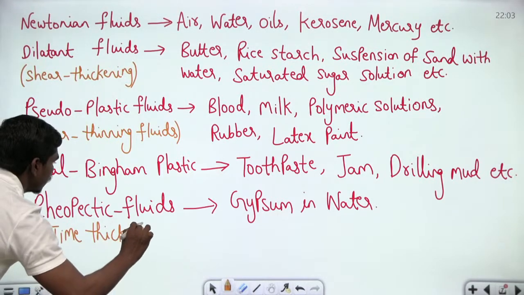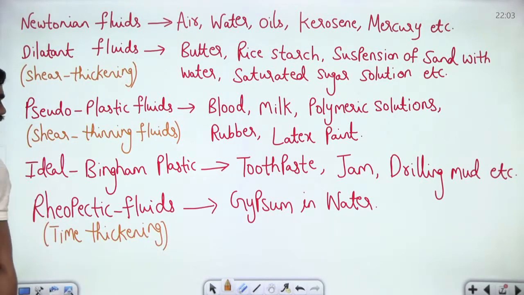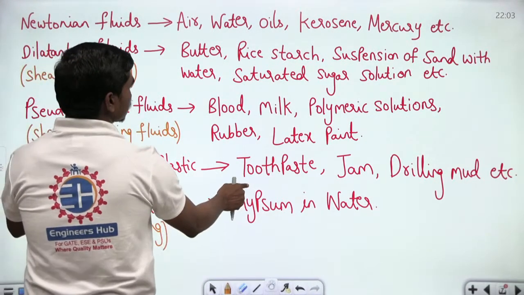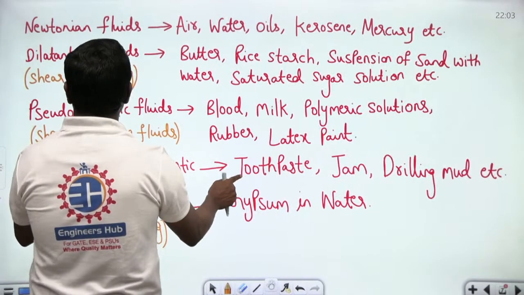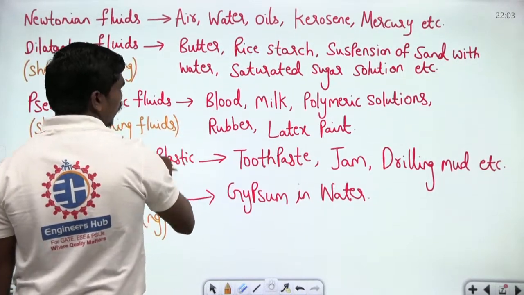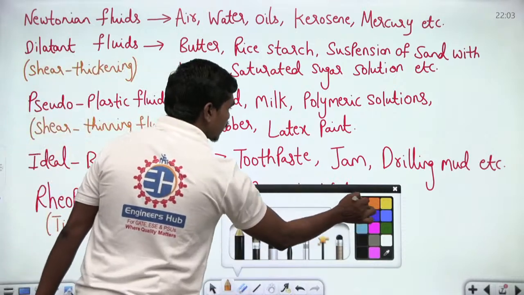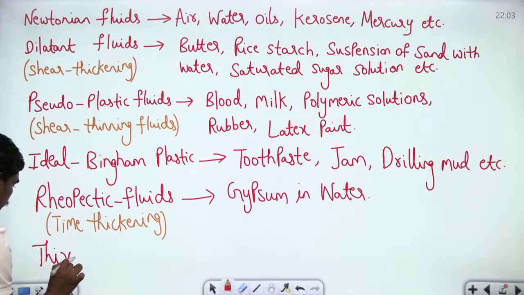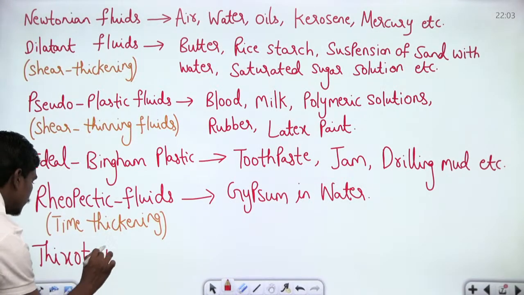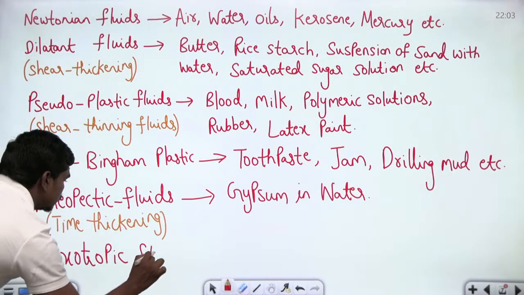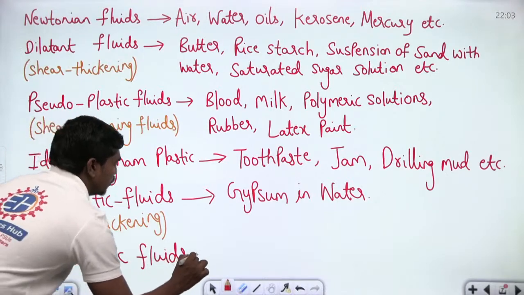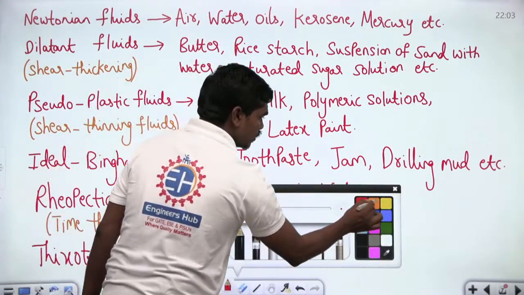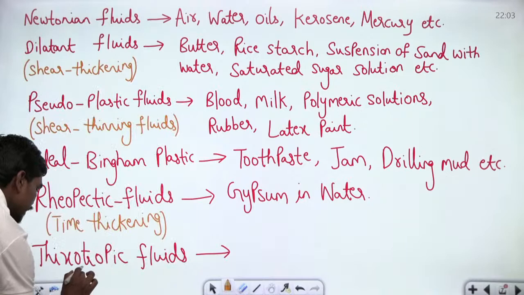Now there is one last kind of fluids which we have already seen, the thixotropic fluids, and these are generally called time thinning fluids.